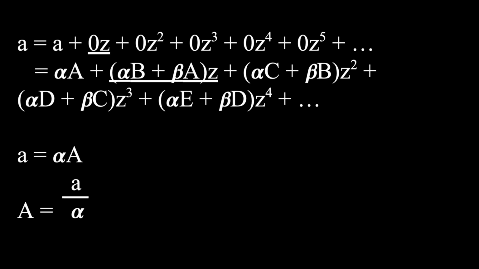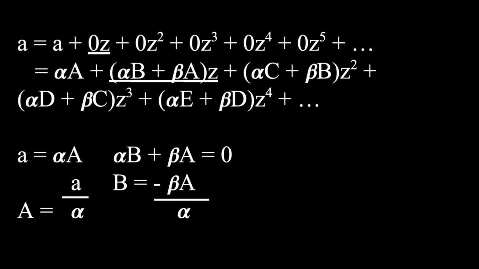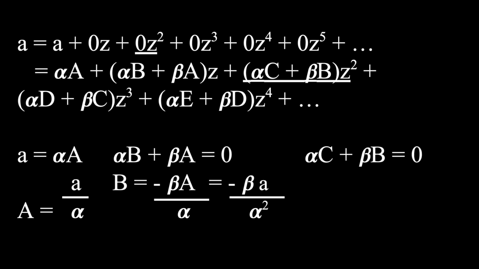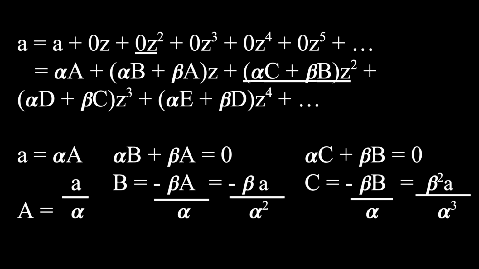Then 0 equals alpha B plus beta A. So B equals negative beta times A over alpha, which equals negative beta little a over alpha squared. And the same goes for C. So C equals beta squared little a over alpha cubed. We start to see a pattern.